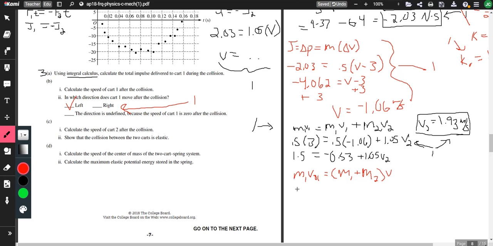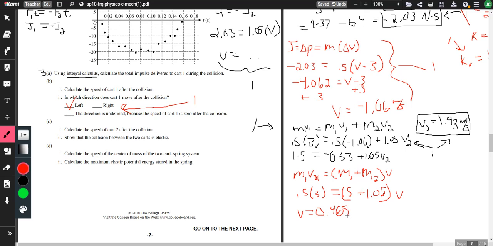If I do this, I get 0.5 times 3 equals (0.5 plus 1.05) times V. So 0.5 times 3 is 1.5. Divide that by 1.05 plus 0.5 and that gets me a center of mass speed of 0.9.